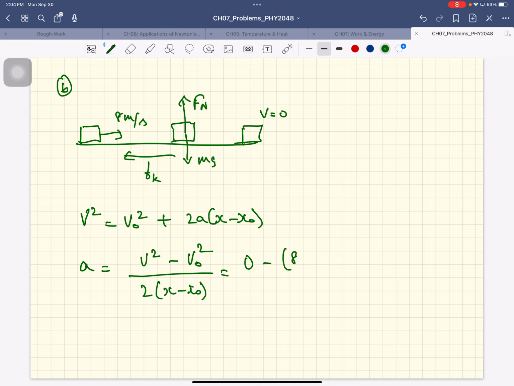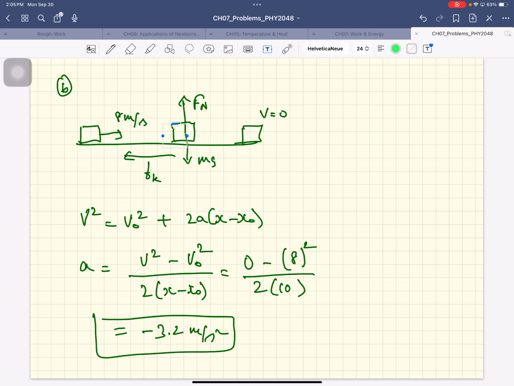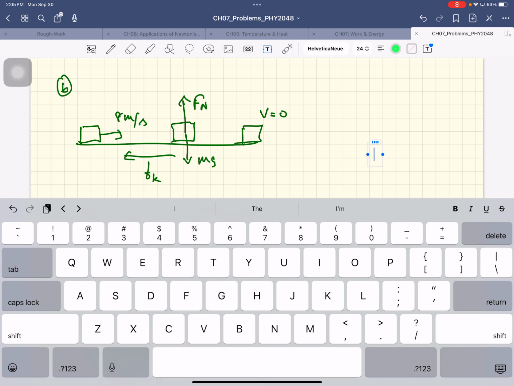You are going at 8 meters per second, and you came to rest over 10 meters. That's 64, half of that is 32 divided by that, that's negative 3.2 meters per second squared. So your deceleration was that, okay?